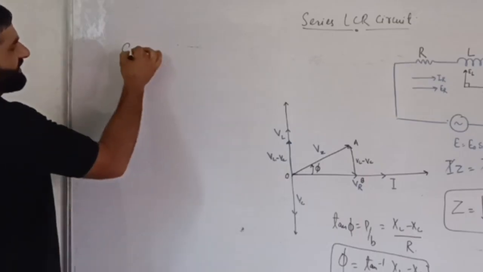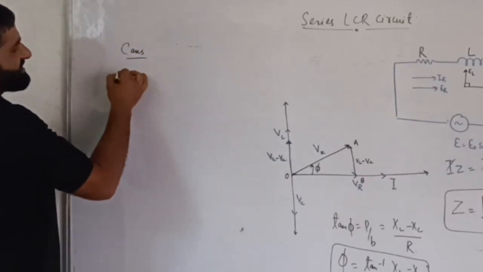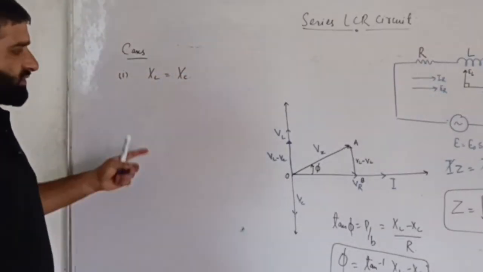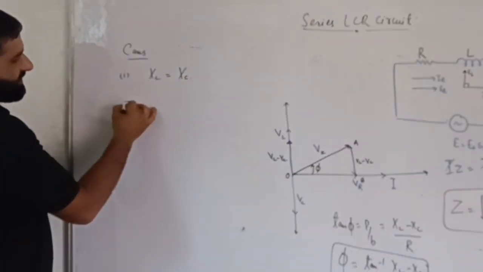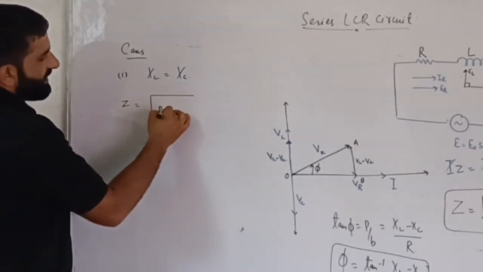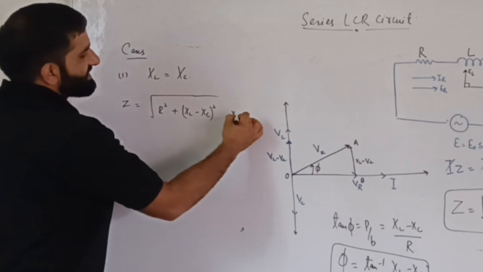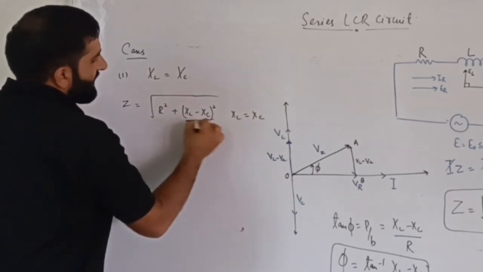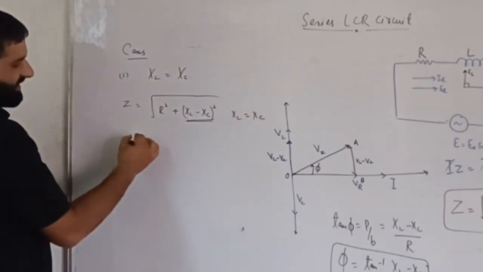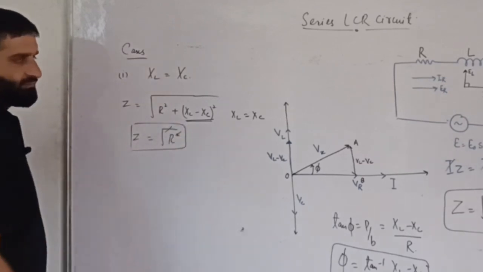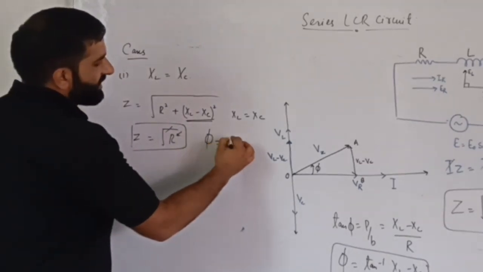Let us talk about the special cases. Case number 1 is when the capacitive reactance is equal to the inductive reactance, that is XL is equal to XC. In that case, our impedance is the root of R square plus XL minus XC whole square, and as XL is equal to XC, this quantity XL minus XC becomes 0, so Z is equal to root of R square, so Z is equal to R. In this case, the phase difference will be equal to 0.